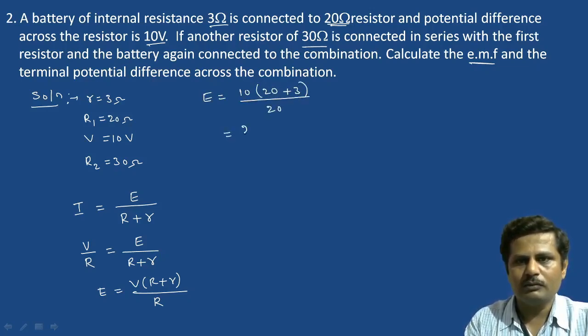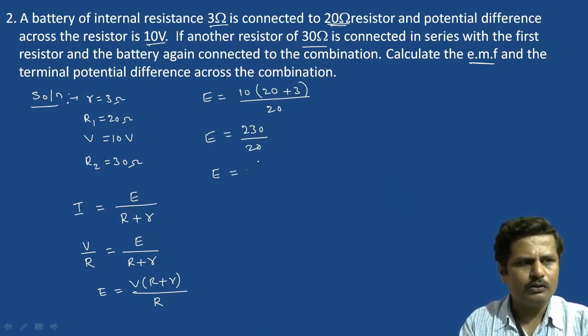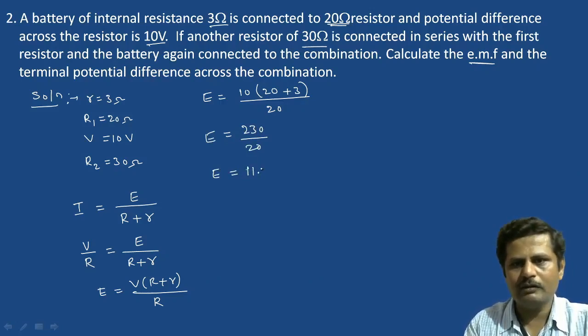So this will become 230 divided by 20, that is equal to 11.5 volt, the EMF of the cell.